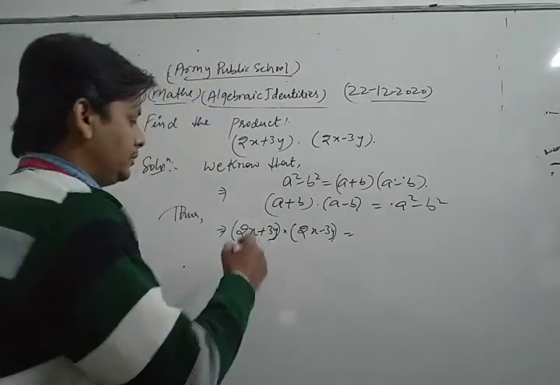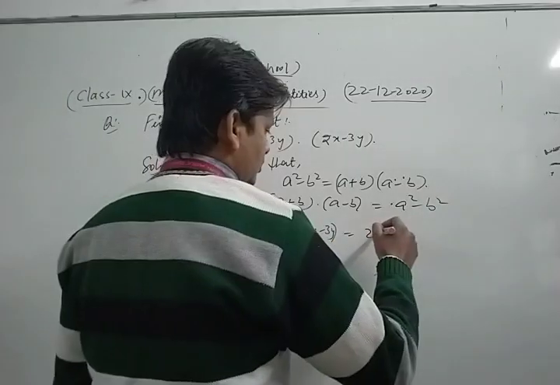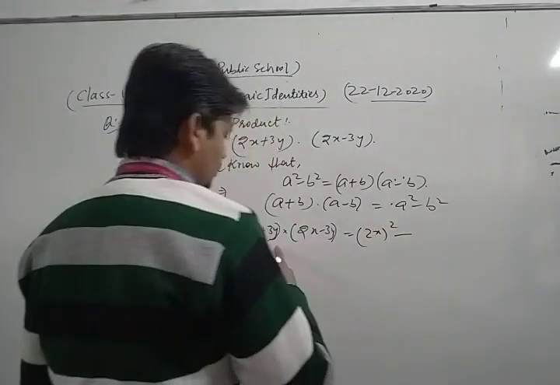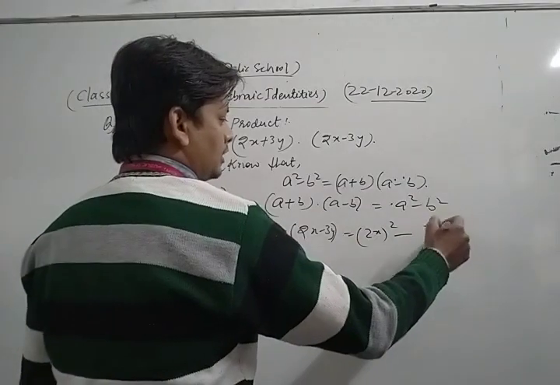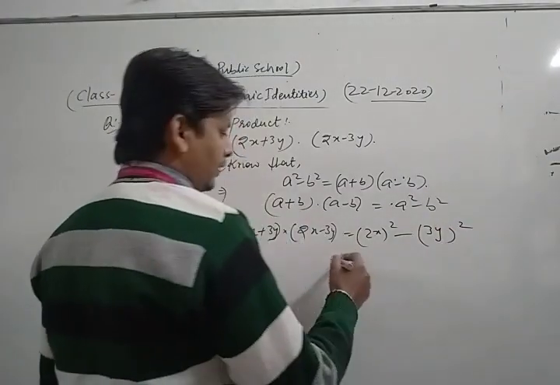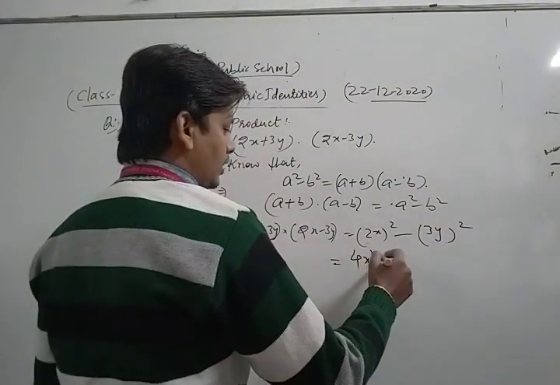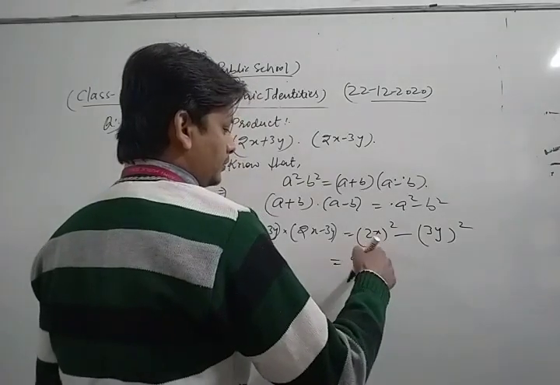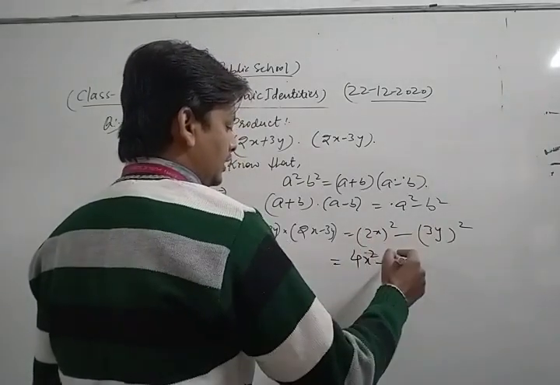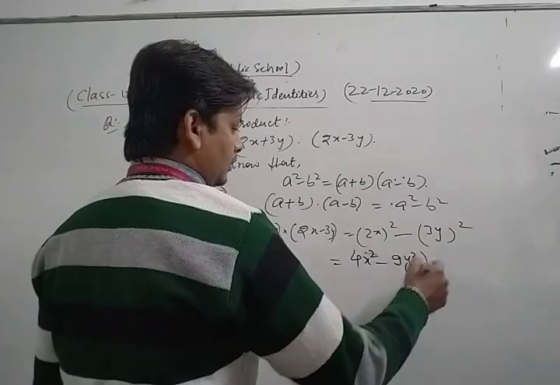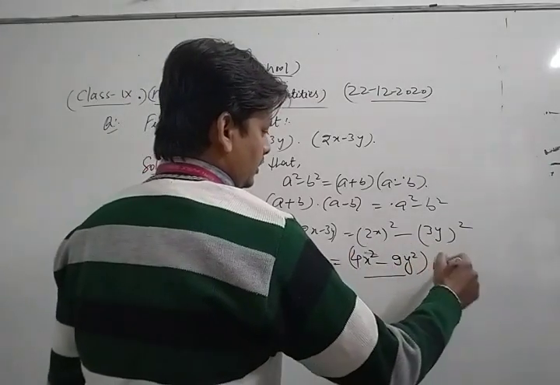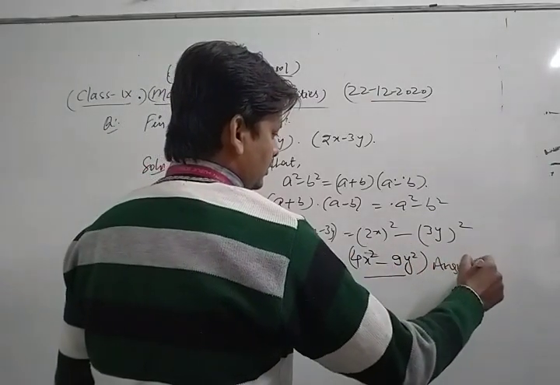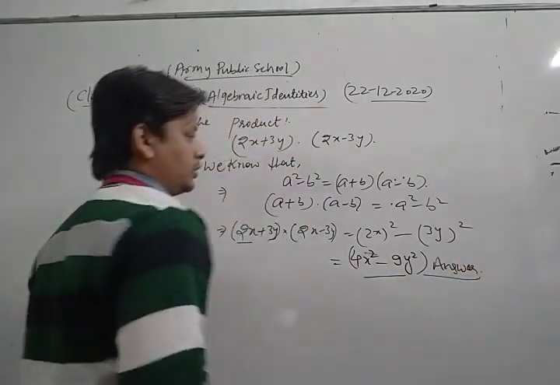So a means 2x, that is (2x) square, minus b means 3y, so we write (3y) square. Now we simplify them: this is 4x square minus 9y square. This is our required solution of the given question. Okay, dear students.